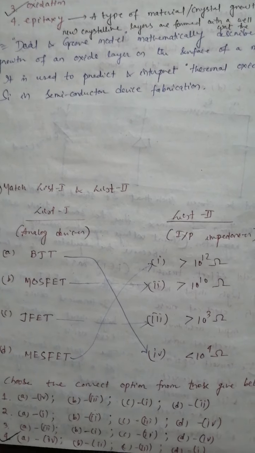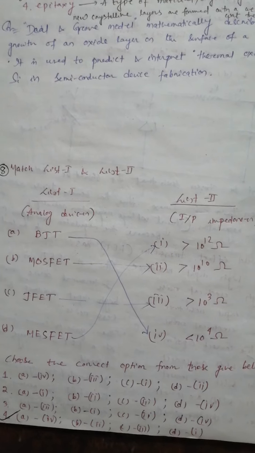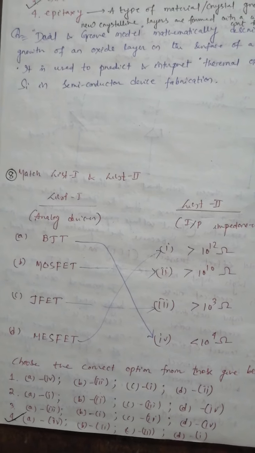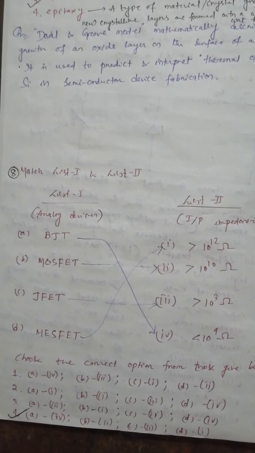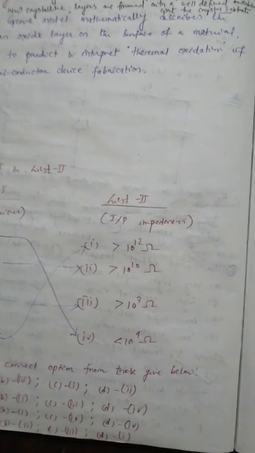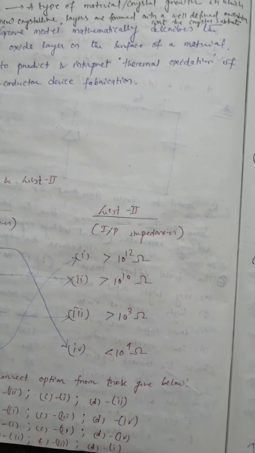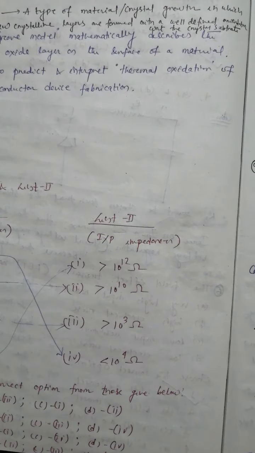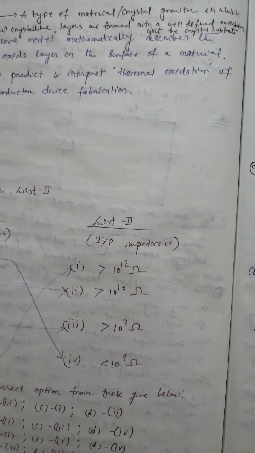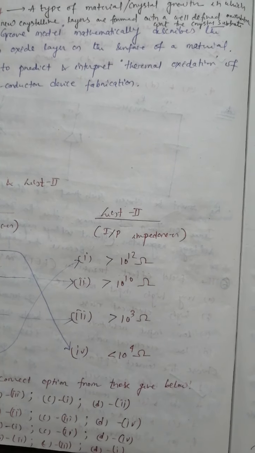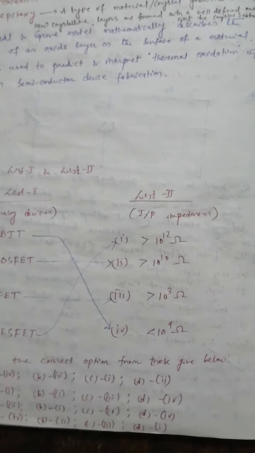Match list 1 and list 2. Under list 1, I have some analog devices: BJT, MOSFET, JFET and MESFET. Under list 2, I have some input impedances: greater than 10 to the power 12 ohm, greater than 10 to the power 10 ohm, greater than 10 to the power 3 ohm and less than 10 to the power 4 ohm.